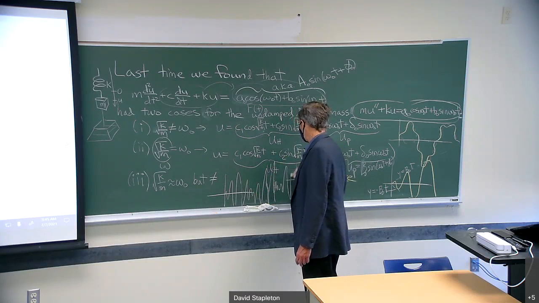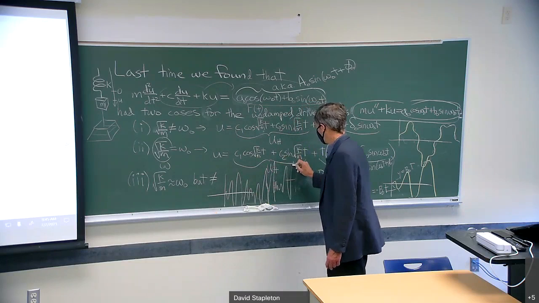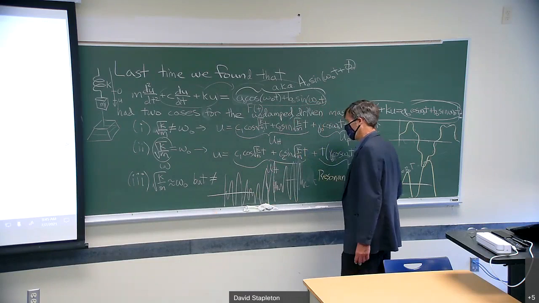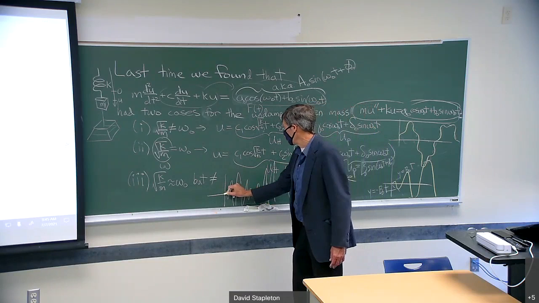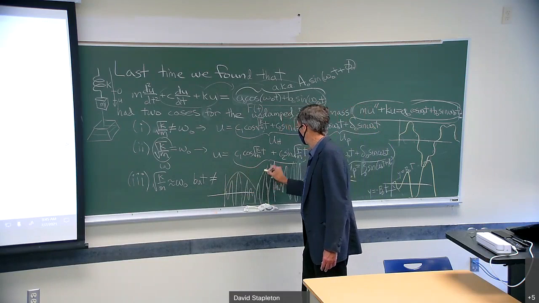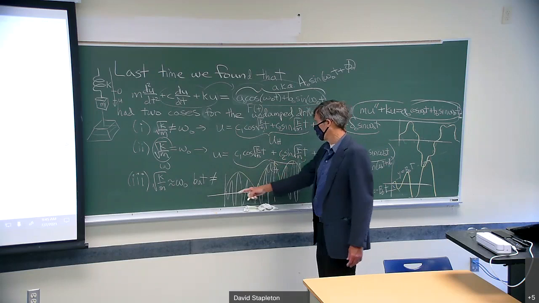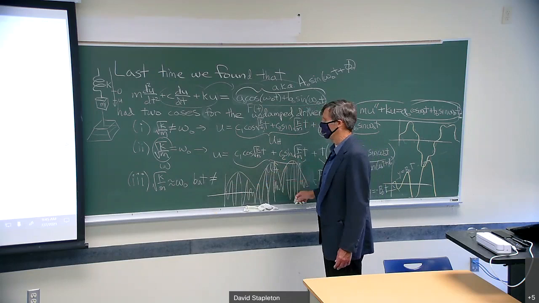And it gets a motion like this, called the phenomenon of beats, where it actually oscillates up and down between a plus and minus a sine function. So you've got a beat, a beat, a beat.